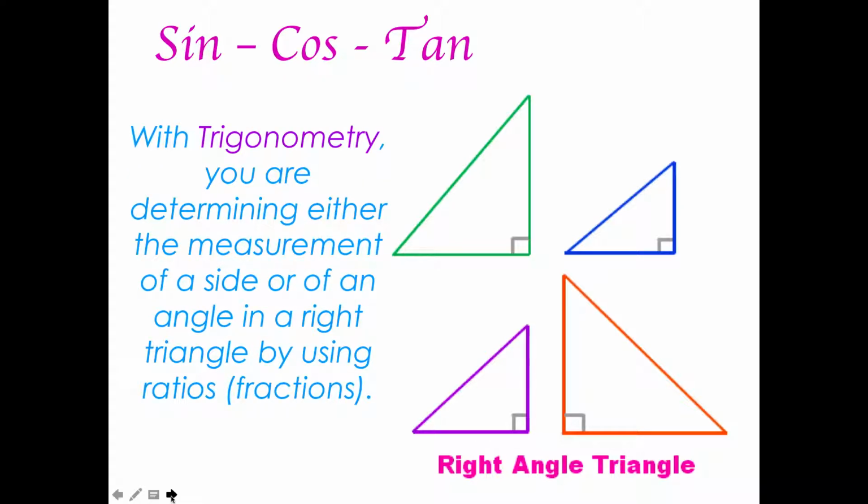With our trig functions, we're going to be using a side or an angle to help us determine the missing leg or angle. We do this using something called ratios. Before you panic about ratios, they're basically just fractions. And I know that doesn't comfort a lot of people either.